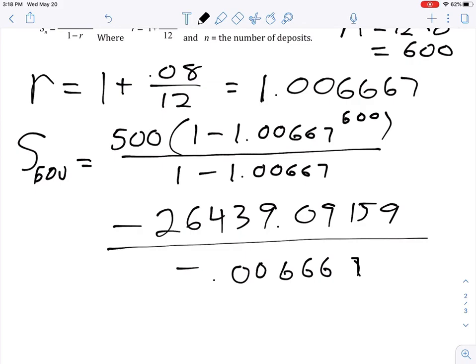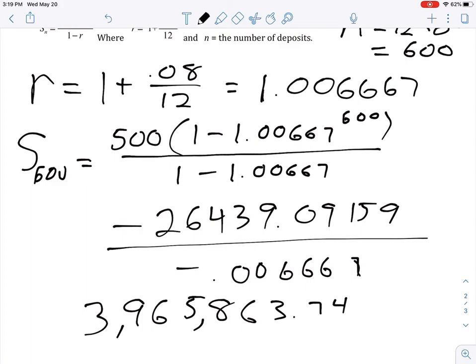I end up, after 50 years of working and putting in $500 a month, with $3,965,863. Bang, bang, look at that. Ballin'. Okay, and 0.74 cents. Keep the change, baby. Walking out with almost 4 mil.